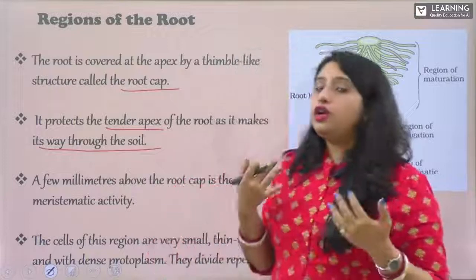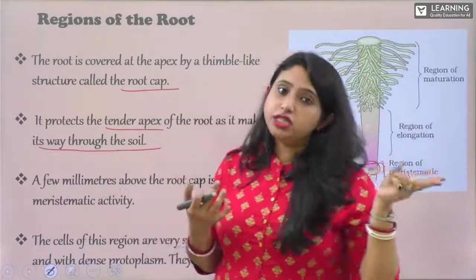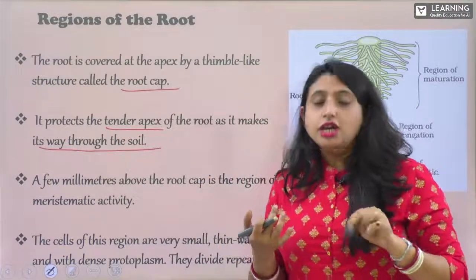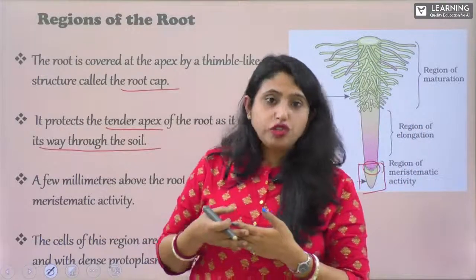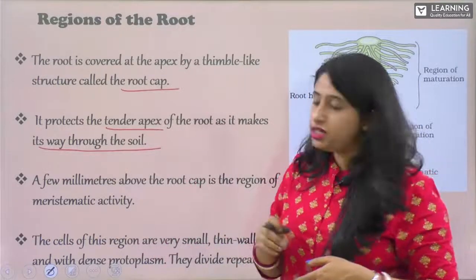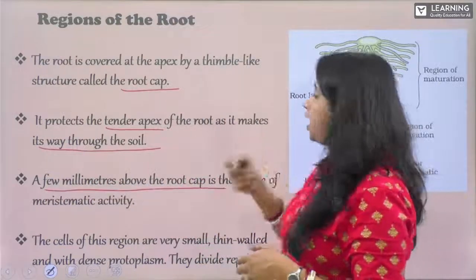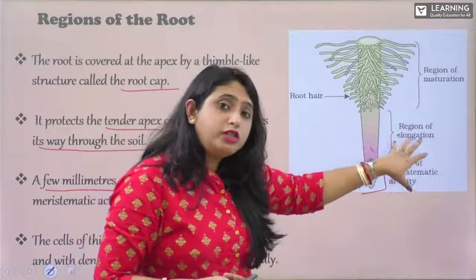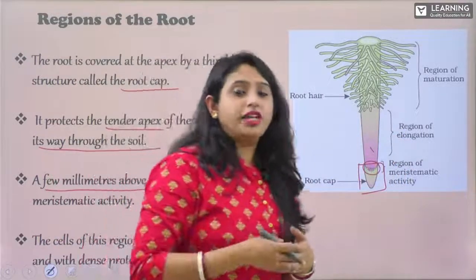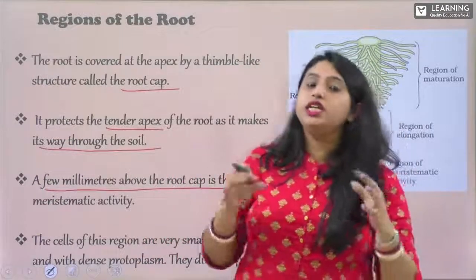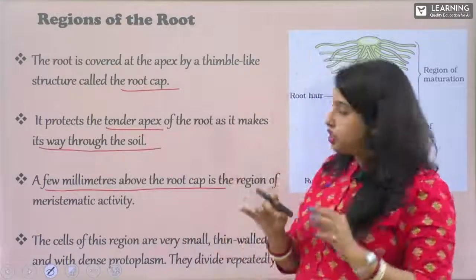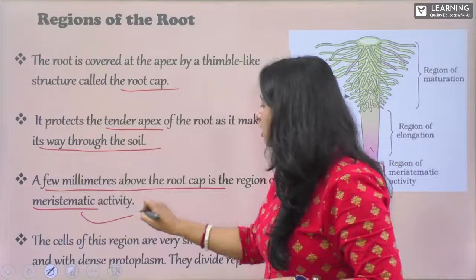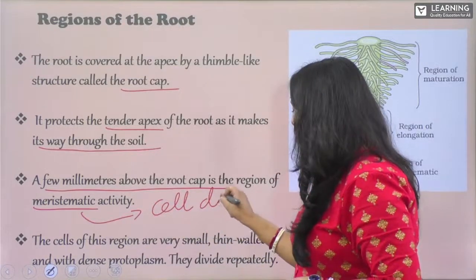You have studied that there are two types of plant tissue, isn't it? One is meristematic tissue and another is permanent tissue. Meristematic tissue has the capacity to divide. Here the meristematic tissue is a few millimeters above the root cap, and it helps in cell division.